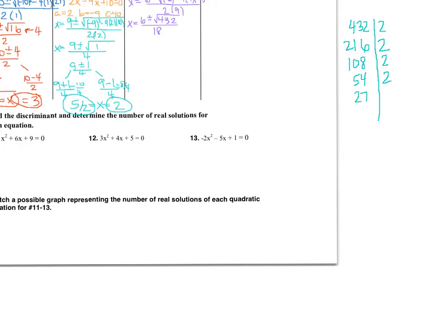27 I know is not divisible by 2, but it is divisible by 3, which gives me 9, which is also divisible by 3, which gives me 3, which is also divisible by 3, which gives me my 1. Now I have to go back up and circle things into groups of 2. I got a lot going on there. Okay, so now what gets to come out is 2 times 2 times 3.